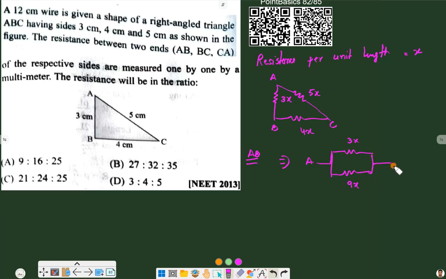So between A and B, we have two paths, A to B 3X direct and 9X via C. Their parallel combination will give us 1 by RAB equal to 1 by 3X plus 1 by 9X. It will give us RAB equal to 9X by 4. Now for, we can say, AC.